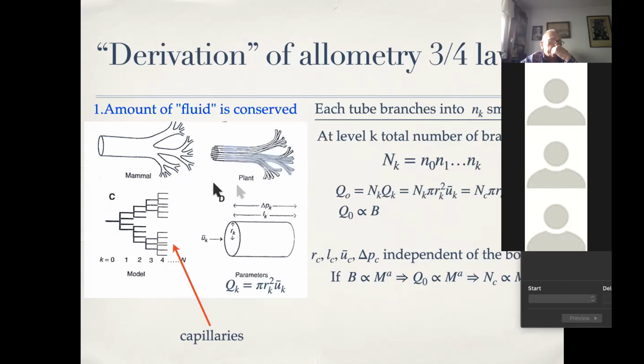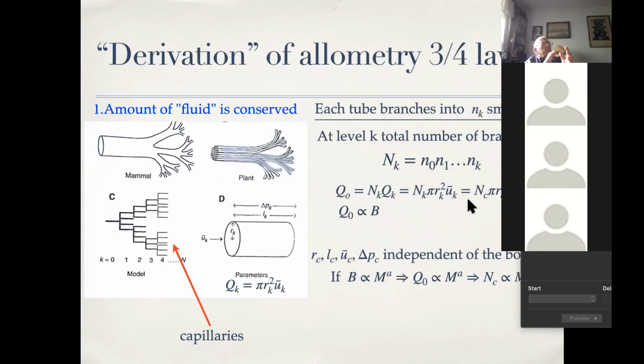So because of the conservation of the flow, the rate of flow Q_0 on the level 0 is the same as at the level k. So it must be the flow at the level k times the number of tubes at the level k. But Q_k is the area of the tube on the level k times the average velocity u.